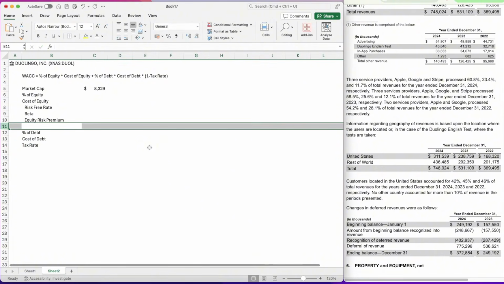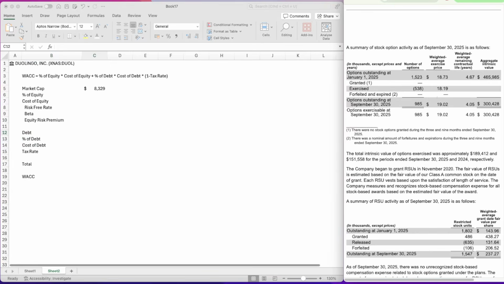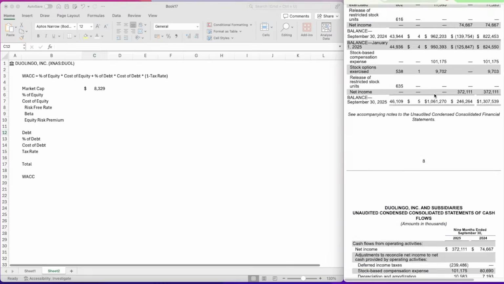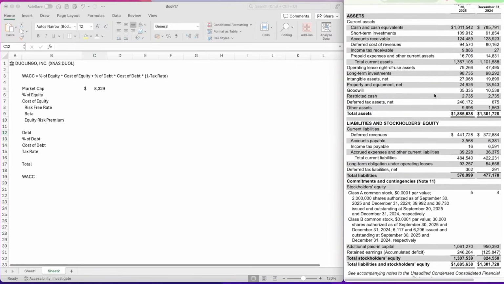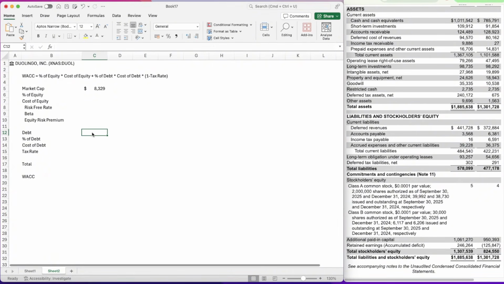Sorry, we need another line here. Total and WACC. So we can find out what the debt is. We just go into the most recent balance sheet. And here it is. So the company has 0 debt. We just need to focus on the cost of equity. This is all we need.